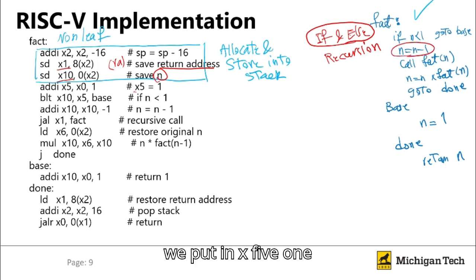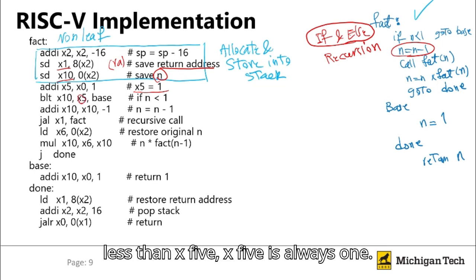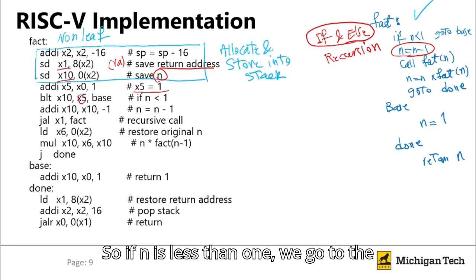We put 1 in x5, and we check if n is less than 1. So if n is less than x5, x5 is always 1, we go to the base.